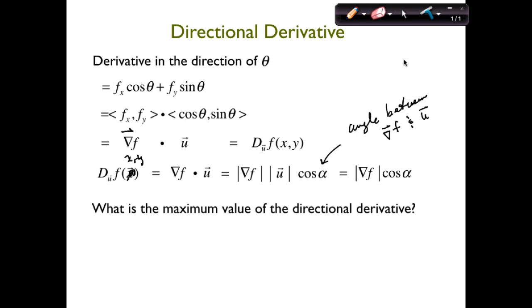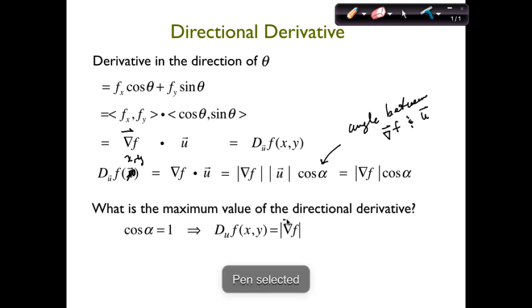So we want cosine alpha to be 1. And so what would that mean? If cosine alpha equals 1, then the maximum rate of change is what? The magnitude of the gradient vector. Do you see that? The maximum rate of change, or the highest possible directional derivative, is going to be the same as the magnitude of the gradient vector.